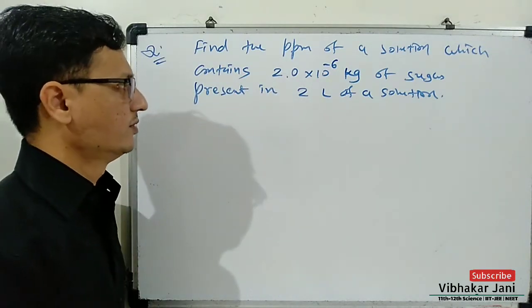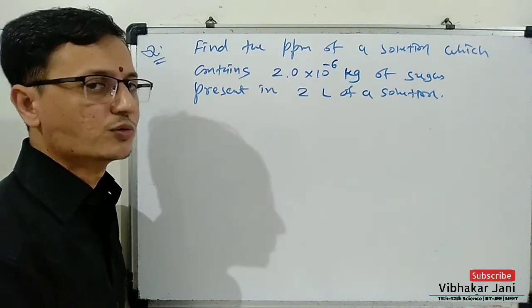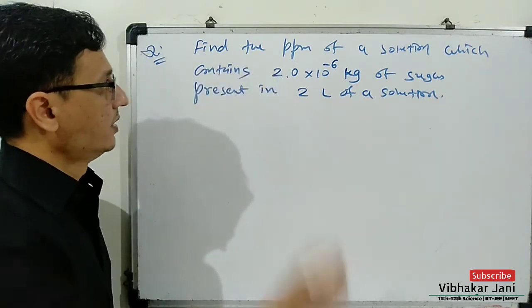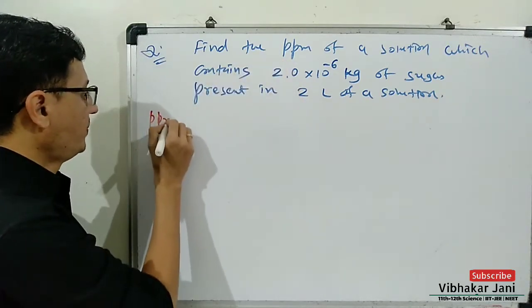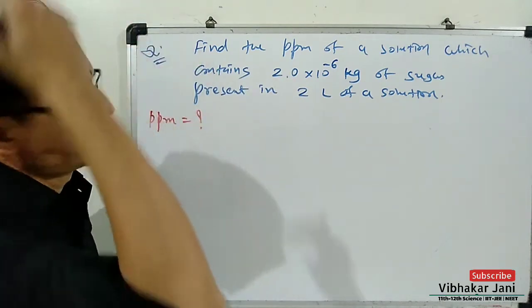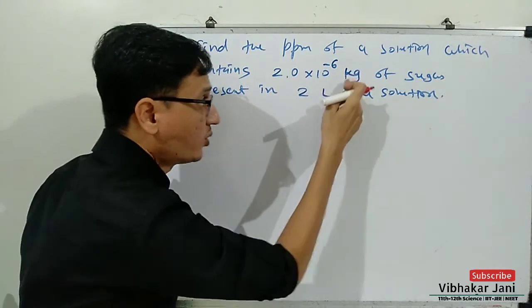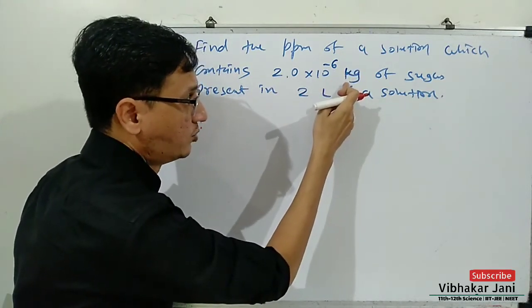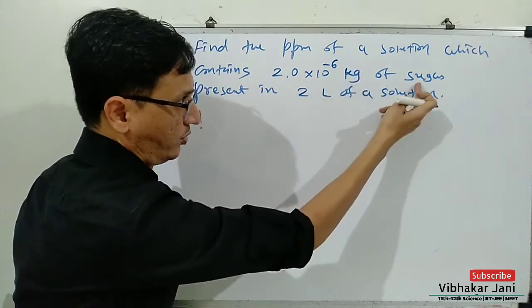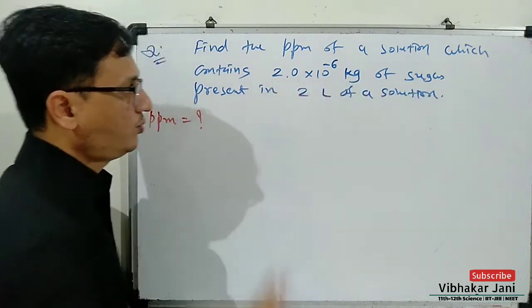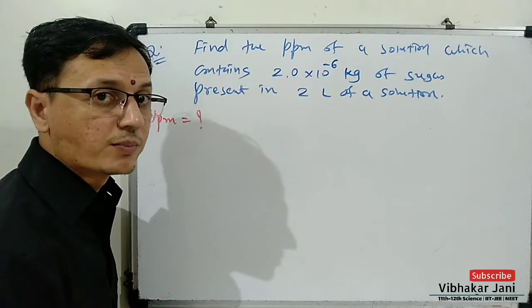So the first thing is we are going to write the list of the given data. Now here we are asked to find the value of ppm. Look carefully at the unit of our solute. Solute is sugar and it is given in kilogram, and the value is 2.0 into 10 to the power minus 6.